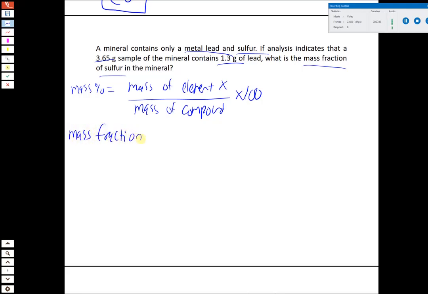So for mass fraction, we don't actually multiply by 100, we just take the ratio, the mass of the element, whatever element we're talking about, divided by the mass of compound. It's just a ratio. So the mass fraction would be between 0 and 1, whereas mass percents can go all the way up to 100 because you're multiplying by 100. Alright, so that's mass fraction. Here we're looking for the mass fraction of sulfur.